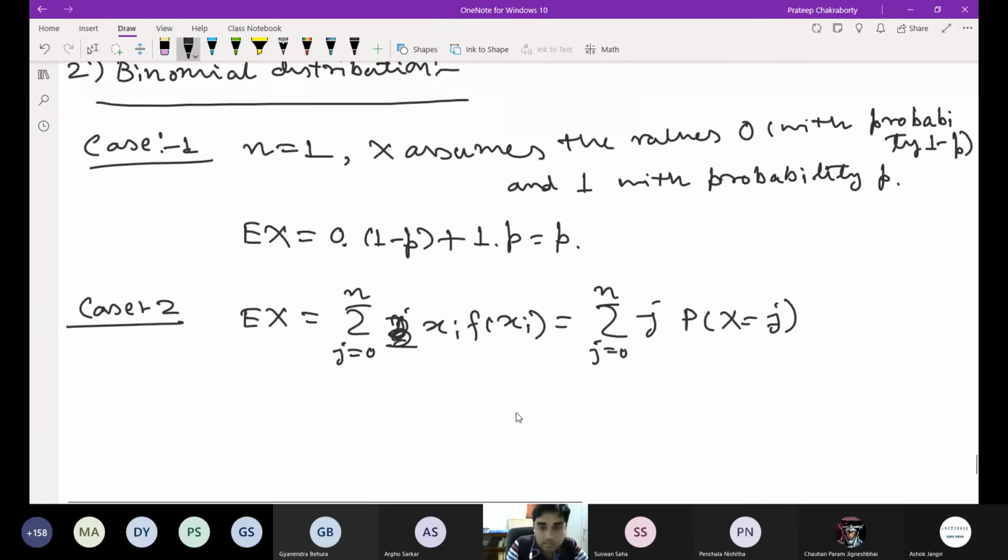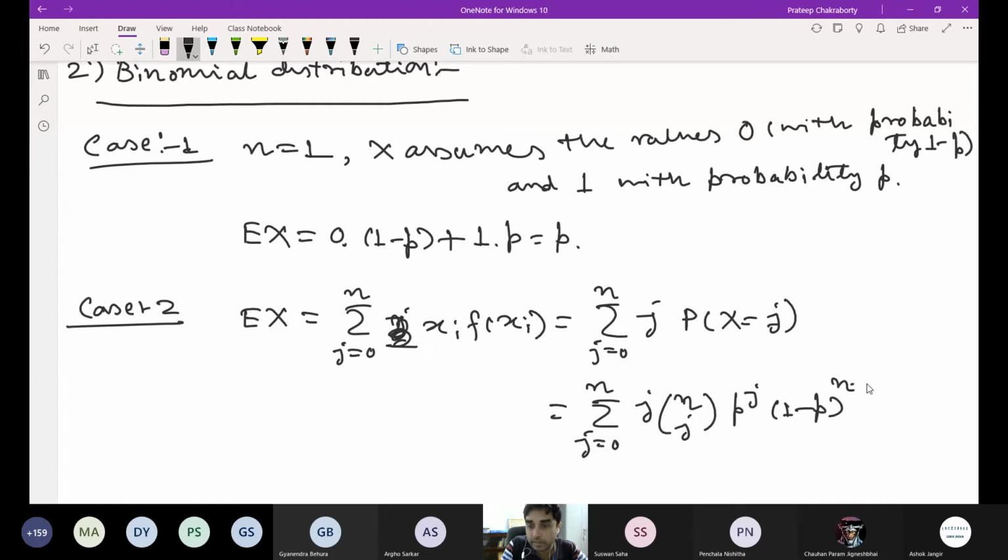These things are very easy, so I'm just doing it a little quickly. P(X = j) is n choose j, p power j, 1 minus p power n minus j. These things were done before in the class.